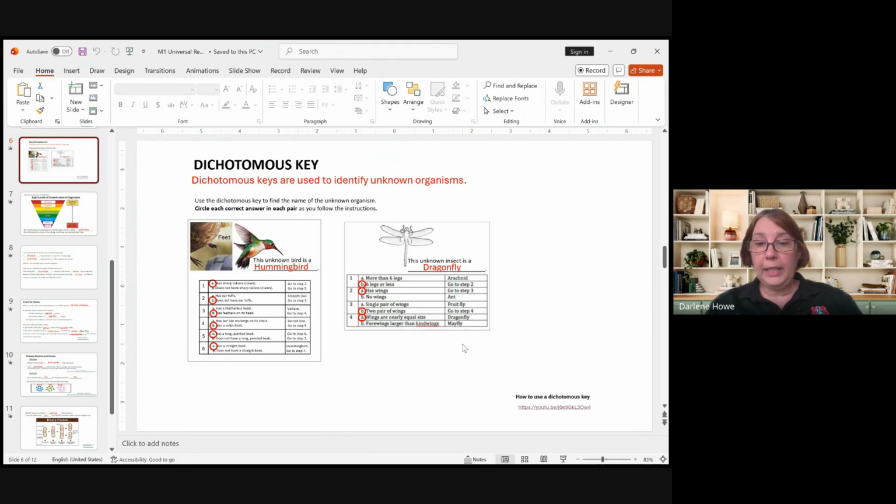Okay. So again, on the exam, you will be given 1 dichotomous key and 1 unknown organism. I can guarantee you most likely will not know the common name of this animal, and you will have to use the key in order to get to the common name.